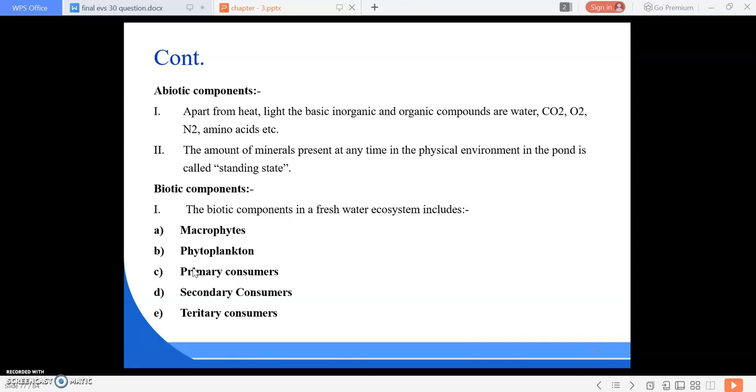The biotic components in a freshwater ecosystem include macrophytes, phytoplankton, the primary consumer, secondary consumer, tertiary consumer, and the decomposers.